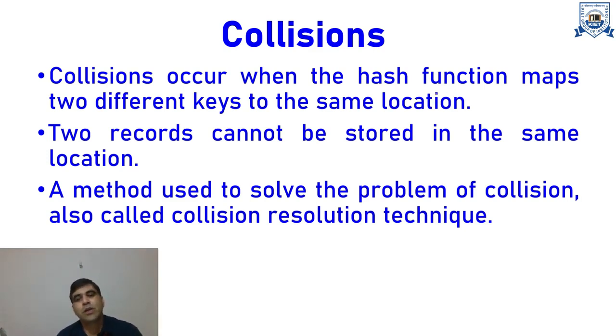No hash function can guarantee zero collisions. A collision occurs when a hash function maps two different keys to the same location. Two records cannot be stored in the same location, we all know that, so we simply say a collision has occurred, and collision resolution techniques need to be followed.